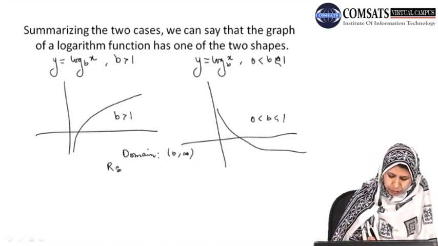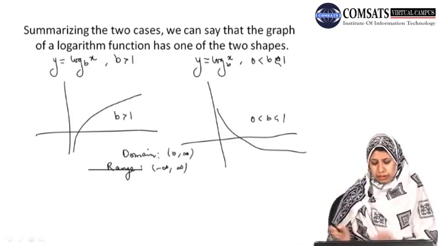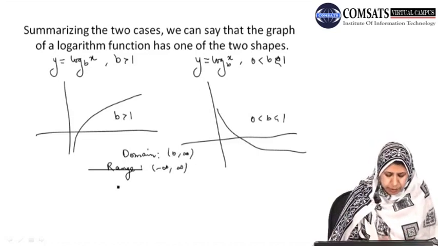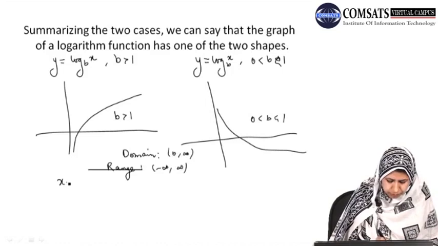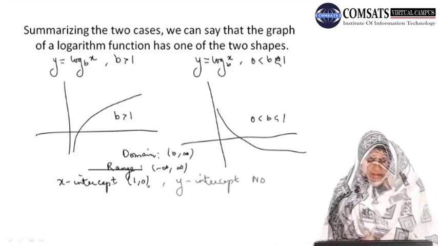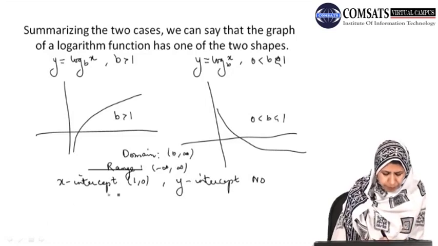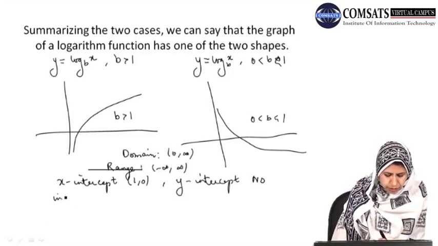Range is the set of all reals. They both have x-intercept at 1.